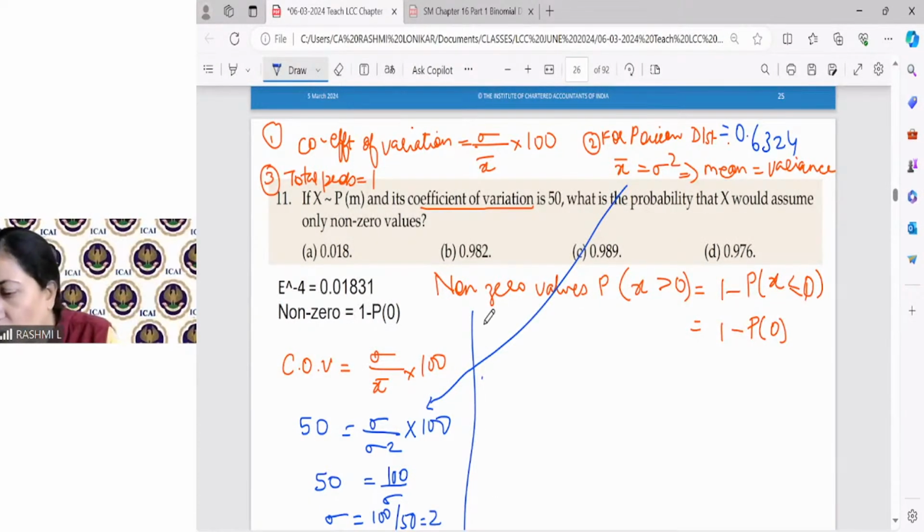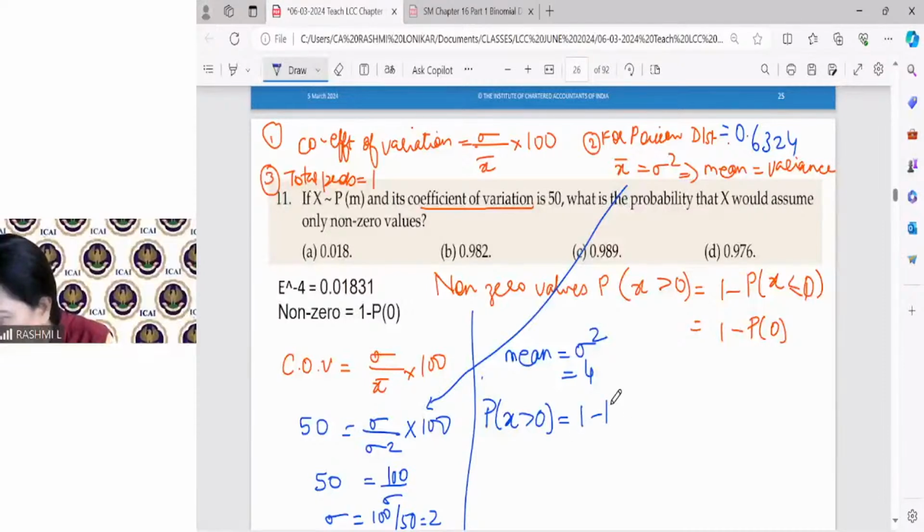Now, what will be the mean? Mean will be equal to sigma square, which is equal to 4. 2 square is 4. Now, what will be my formula? I need p x greater than 0 is equal to 1 minus p of 0. Let me find p of 0. P of 0 is e raised to minus m, m raised to x upon x factorial. This formula I am going to use.